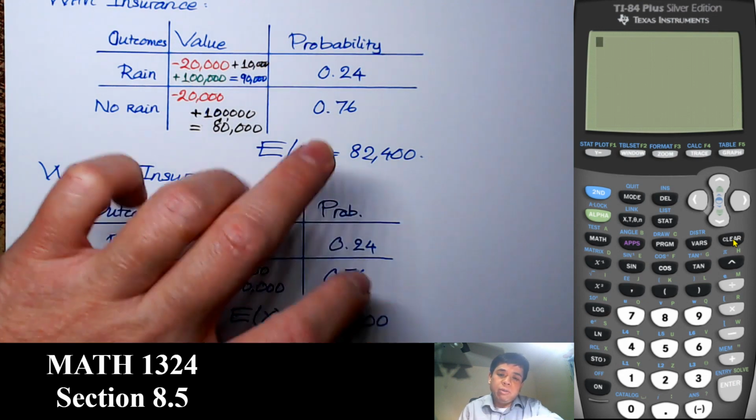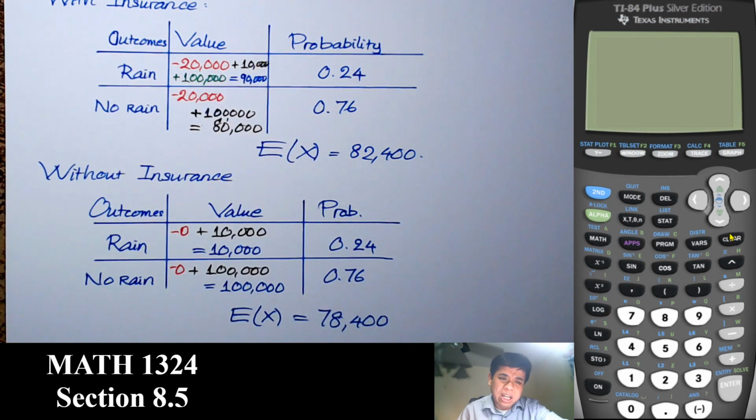Right, so we have those two, and of course you say clearly now with the insurance we get the higher expected value, right?